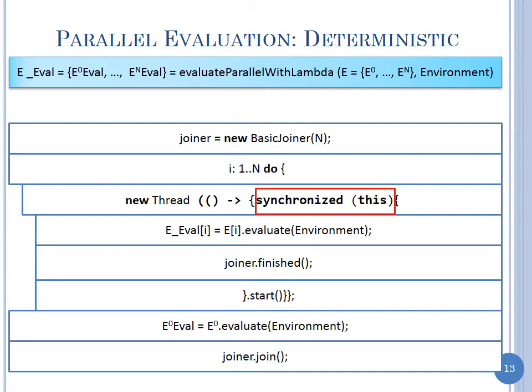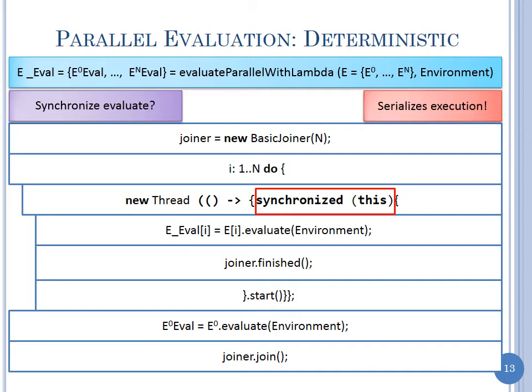I did all this overhead of creating these thread objects, these join objects, and what do I end up doing? Serial evaluation. So this defeats the purpose. Synchronize, evaluate, serializes execution. So we don't want this. By the way, I have to change all this n-1 to n everywhere, so just remember this, and if I forget, that's an error.